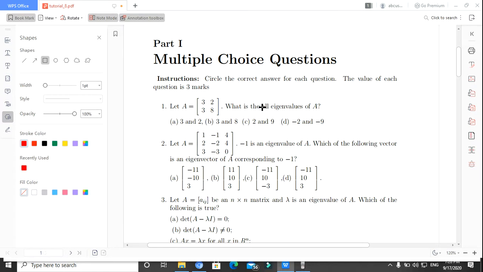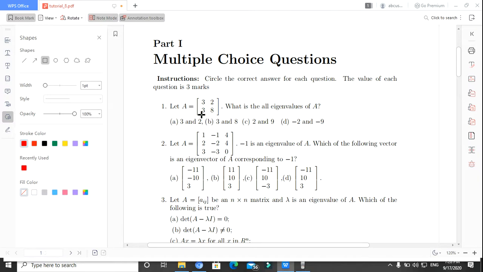The first property is the sum of the eigenvalues is always equal to the sum of the elements in the principal diagonal, and the next property is the product of the eigenvalues is always equal to the determinant of the given matrix.